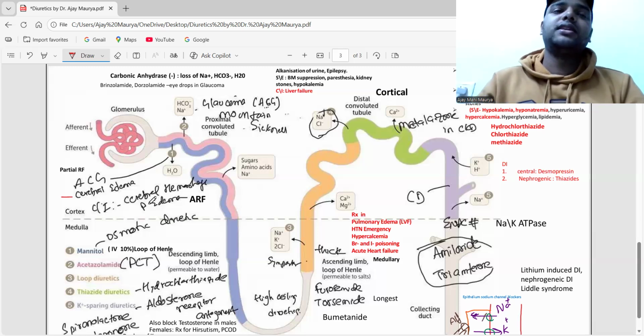These are the things you have to remember. Done with the osmotic diuretics.